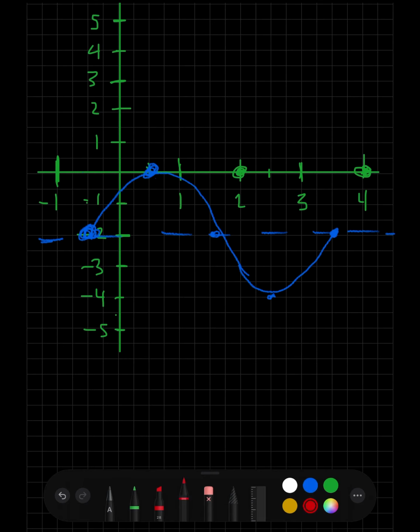So what we can do here is take a look at what we have. And I'm going to do this in red so it's really obvious. Everywhere my associated sine graph touches the midline, I have a beautiful asymptote. So I have these asymptotes here.